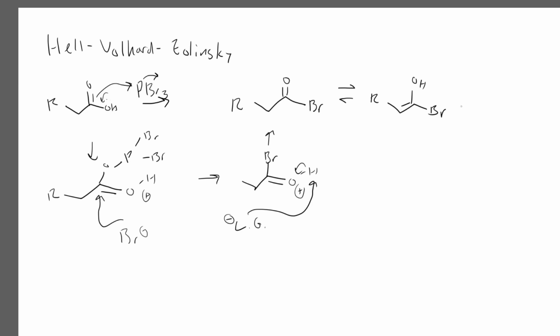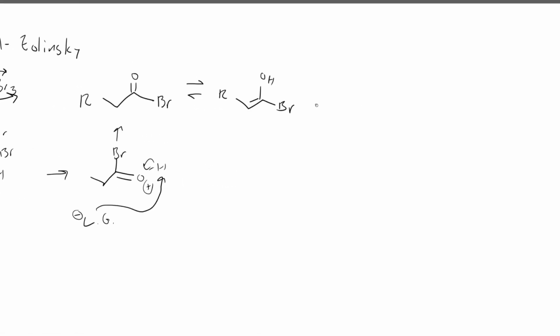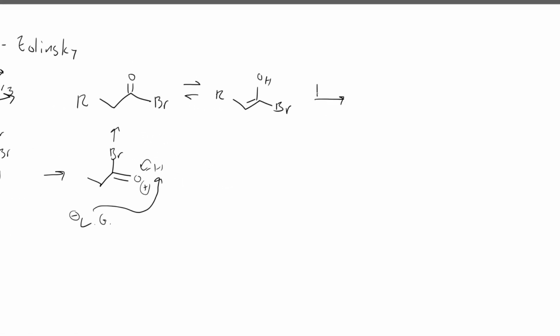Then we're going to react that with our electrophile from the haloform reaction, which is molecular halogen. We're going to stick with bromine here because that's what Hell-Volhard-Zelinsky used, I guess. And that's going to halogenate the alpha carbon position.